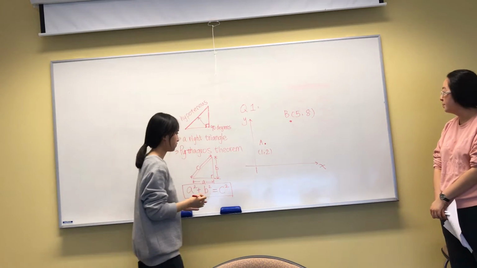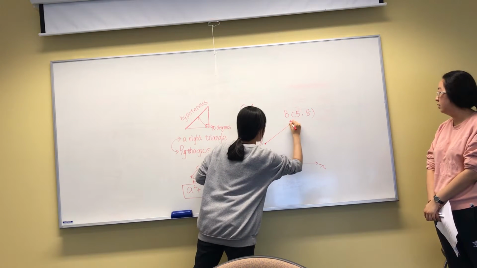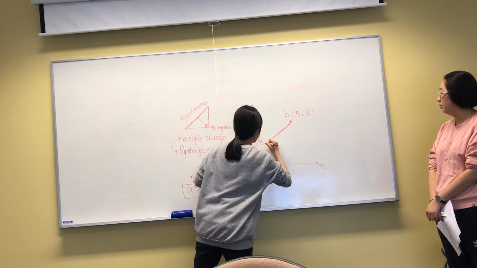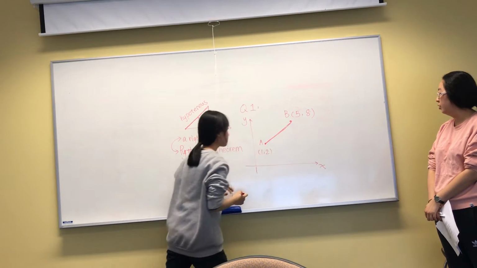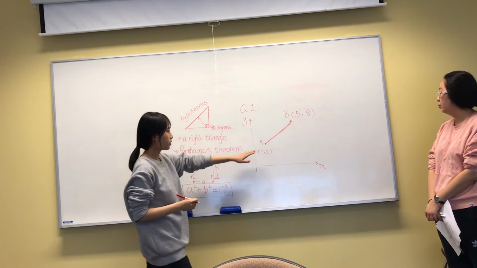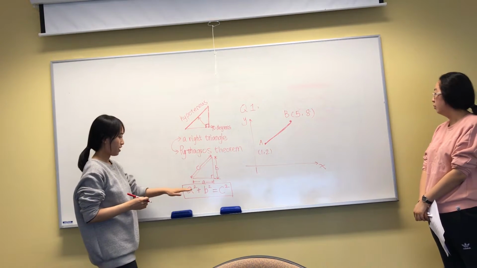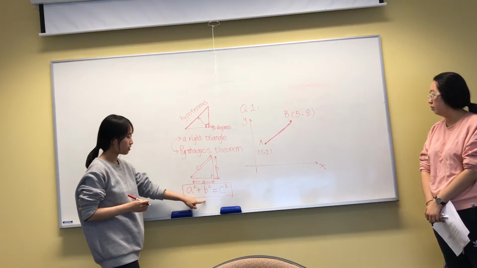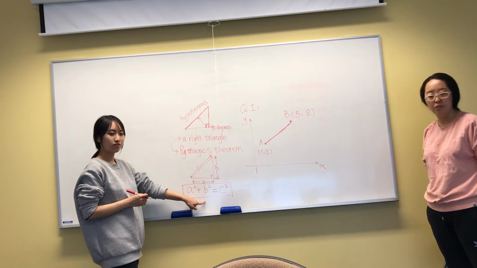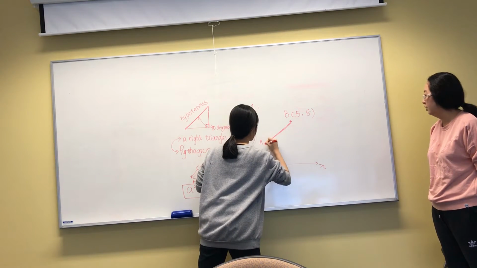So now, if we want to work out the distance between these 2 points A and B, how can we work out the distance between A and B by using Pythagoras theorem? Can anyone think of a way of solving this problem?